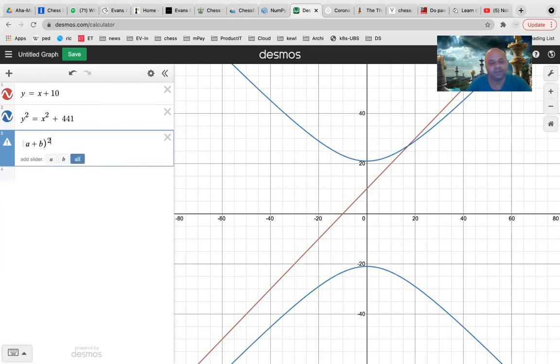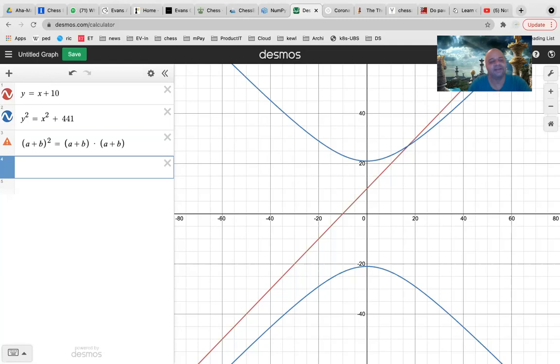What is the meaning of squaring? A plus b multiplied by a plus b, right? Square means multiply by itself. So a plus b the whole square is equal to: first you take a, multiply with a.